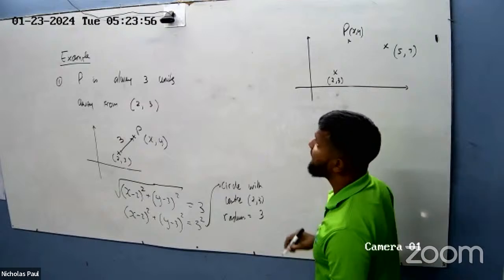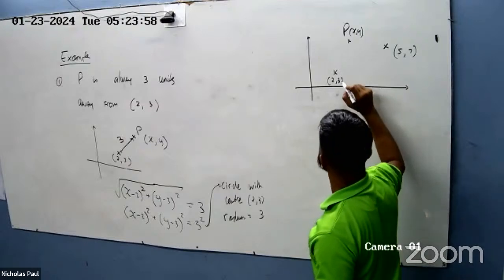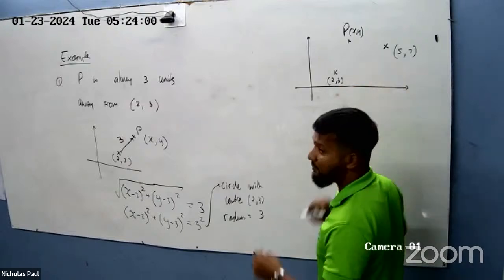So it's always the same distance away from 2, 3 and 5, 7.